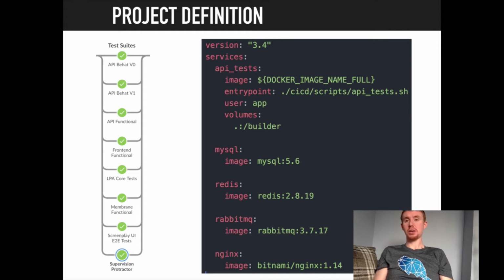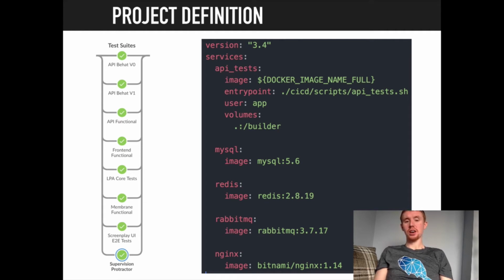These test suites are being executed in parallel rather than sequentially. Now, as you can see here, I'm using Docker Compose, and I'm saying we need a database and a Redis and a RabbitMQ and a web server. But for this API test definition, I have one definition for every one of the test suites.